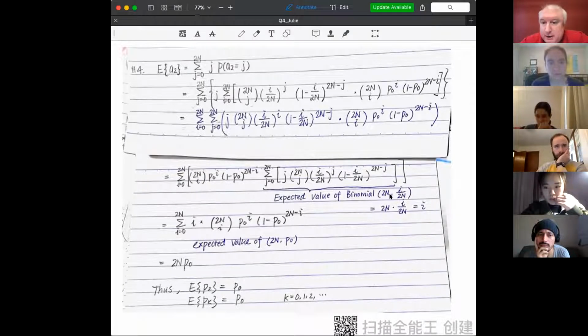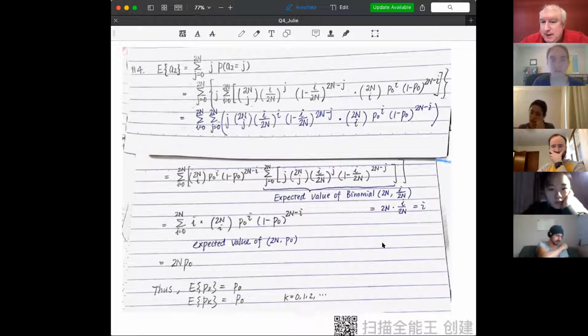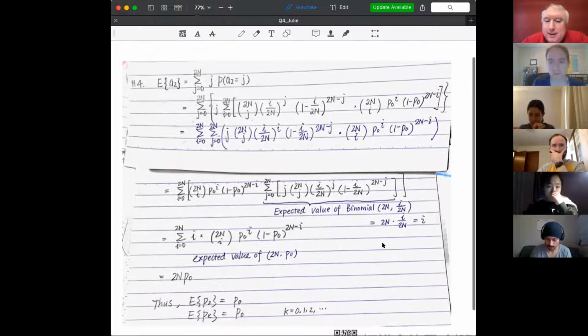You plugged in the correct equation for the probability A2 was J. And then all you used is the fact that multiplication, we can change the order of operations. And you've changed the order of operations and been able to pull out all of these terms involving I.